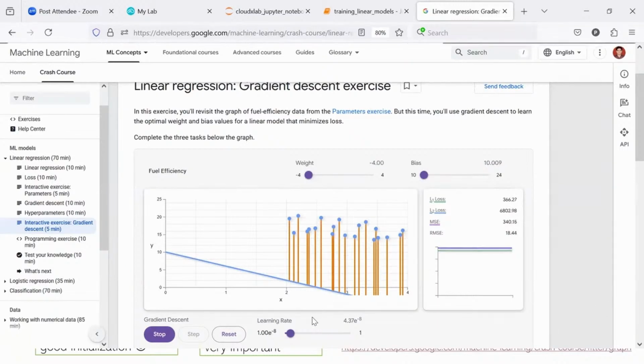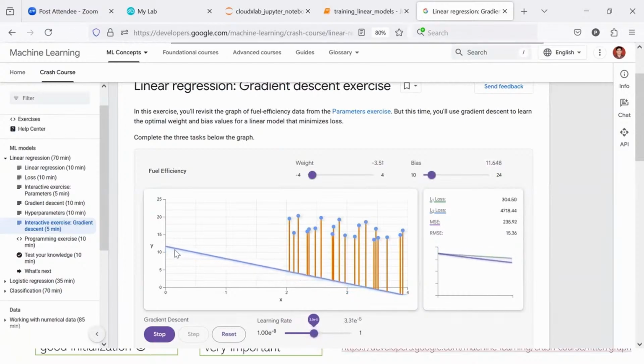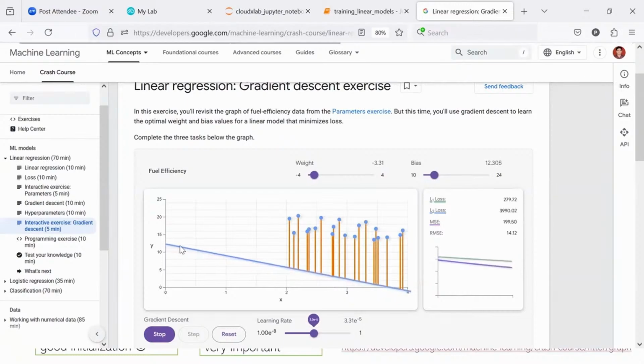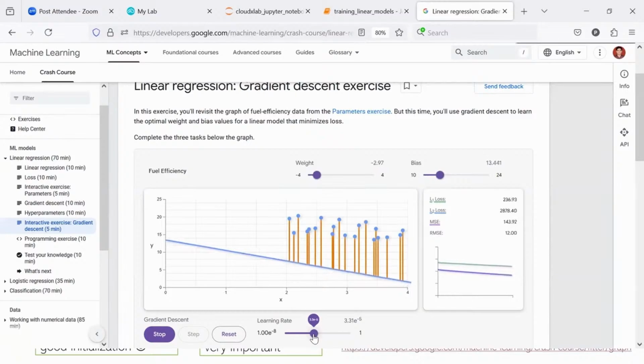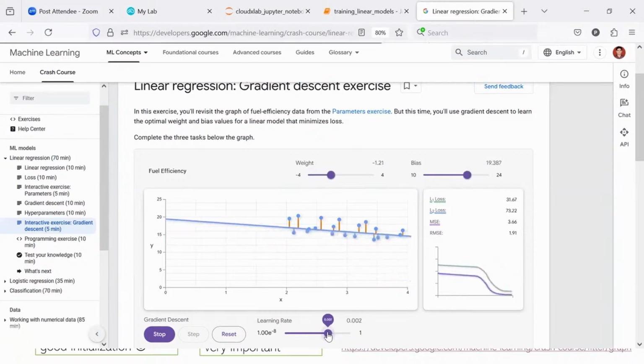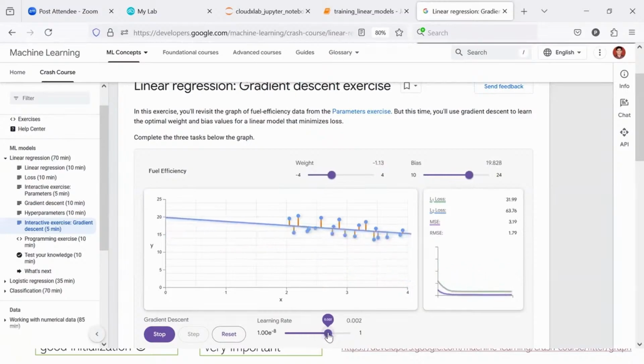Now, if you increase this learning rate, the change in value will increase, right? Let's say this is my learning rate, 3.1 into 10 to the power of 5. Now you can see this line is changing, right? So this is the perfect learning rate, 0.002.